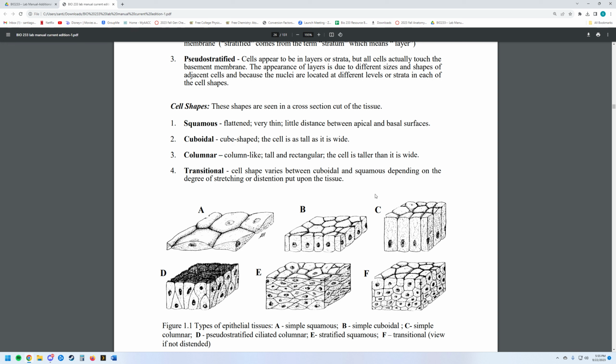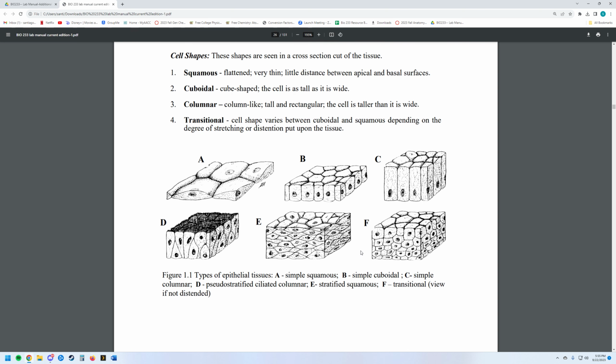Transitional can kind of go back and forth between cuboidal and squamous, depending on the degree of stretching or distension. If it's not under any stress, it'll look like a cuboidal, right? But if you stretch it out, left and right, for example, it'll be like a squamous, but it can go back and forth without any permanent distortion.